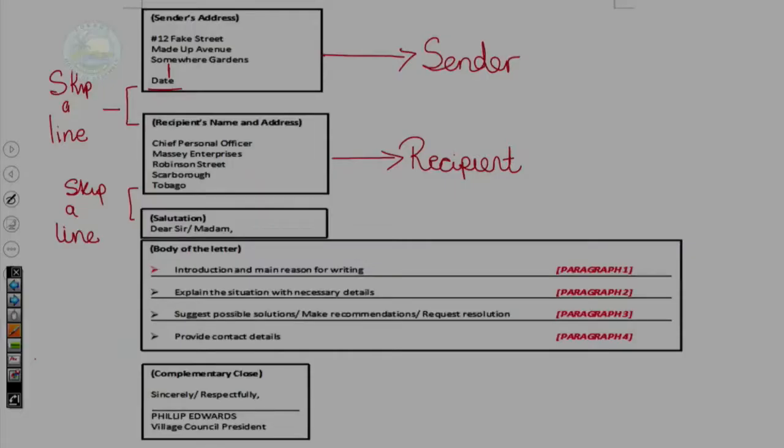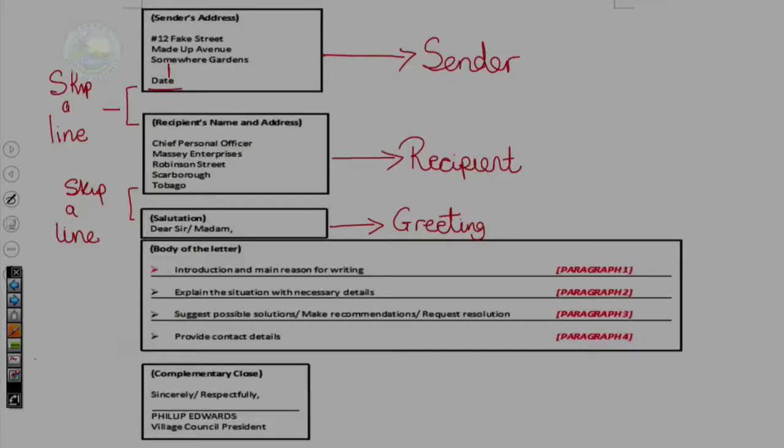We skip a line, and here we put the salutation, your greeting. In simpler terms, that is what your salutation is. It's the greeting. Dear sir, madam.